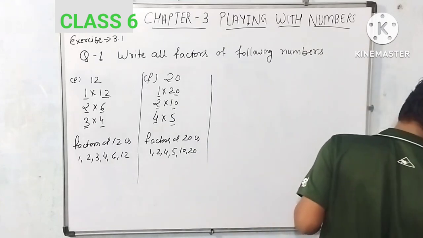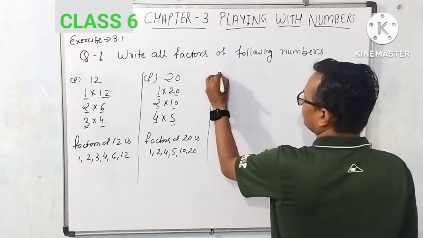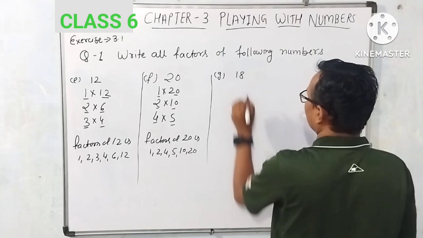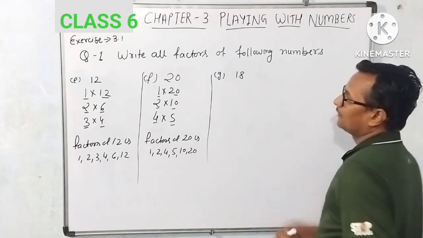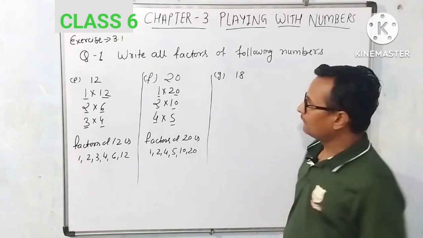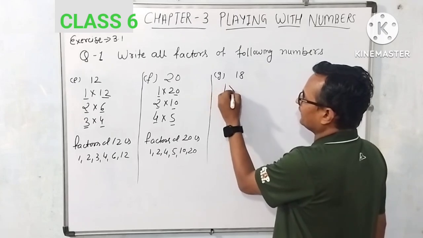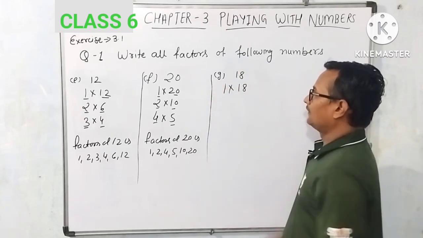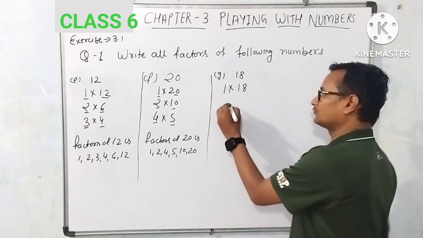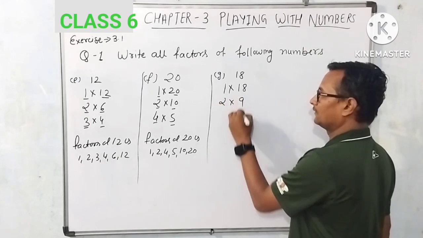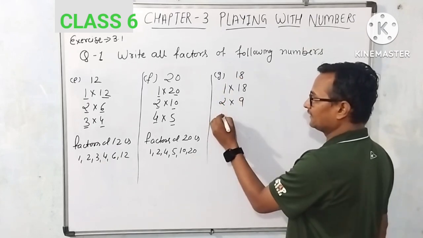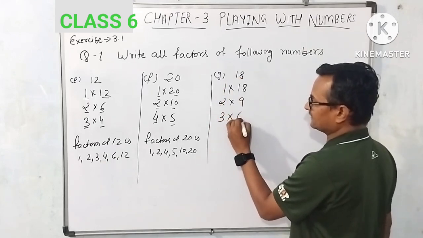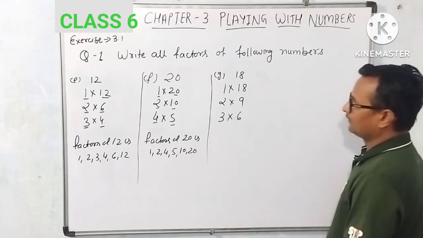Next question, 18. We have to again start from 1. So 1 into 18. 18 comes in the table of 2, so we can write 2 into 9. 18 comes in the table of 3, so we can write 3 into 6. 3 6s are 18.